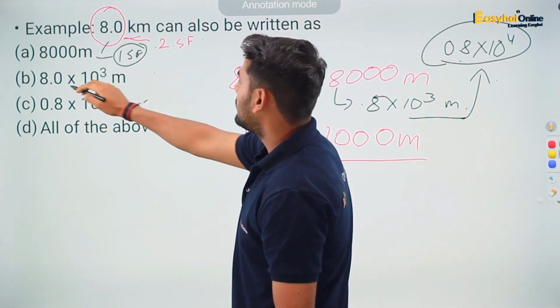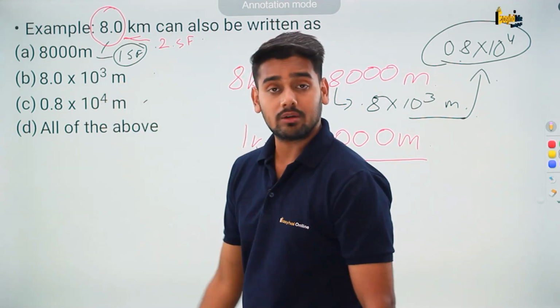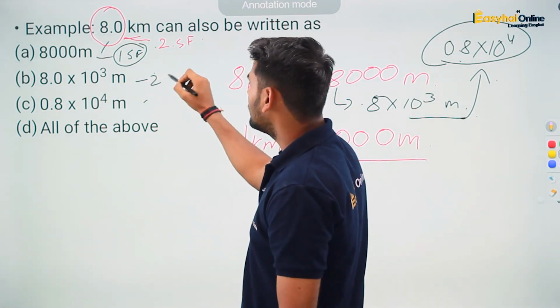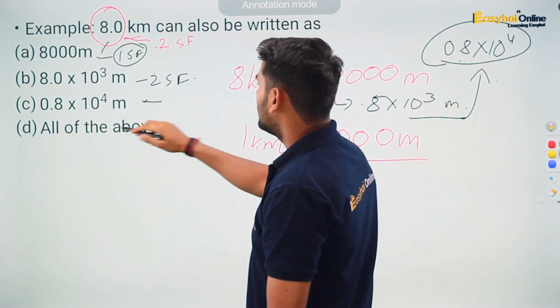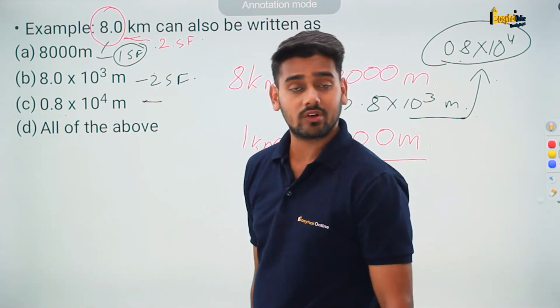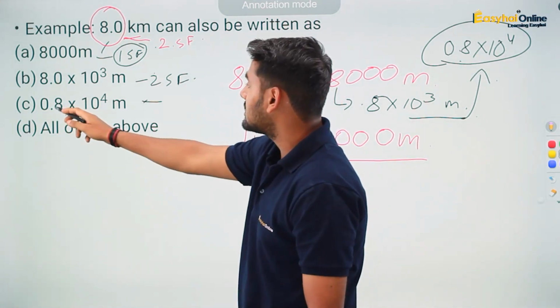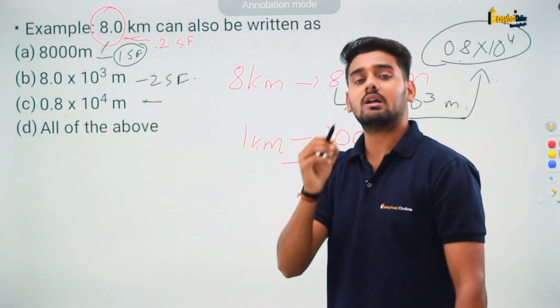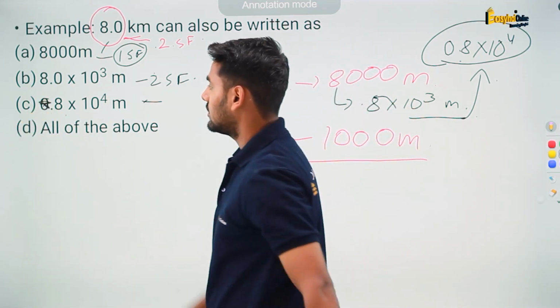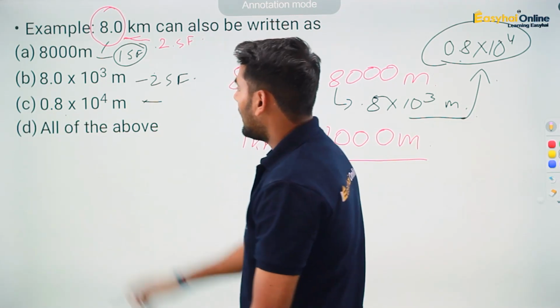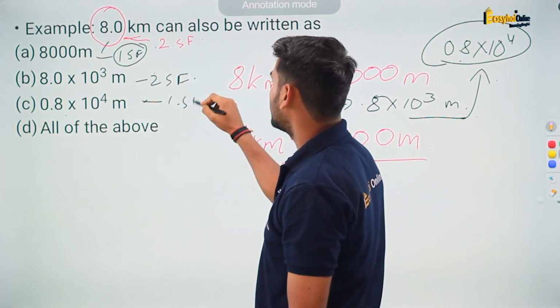Okay. 8.0 into 10 raised to the power 3 meter. Here there are two significant figures. Okay. 0.8 into 10 to the 4. Once again, only one significant figure. Remember, after the decimal, the trailing zeros are considered significant. This zero is insignificant. Okay. So therefore, I have only one significant figure over here.